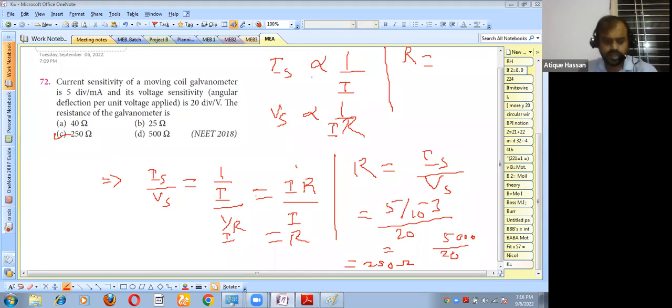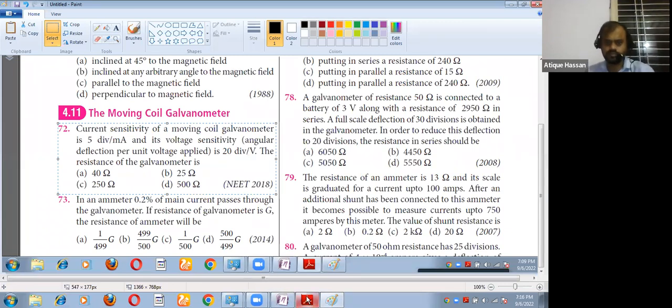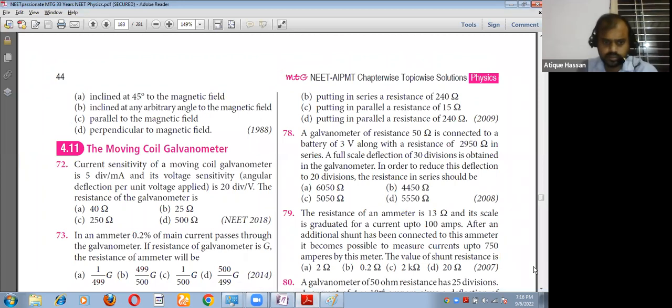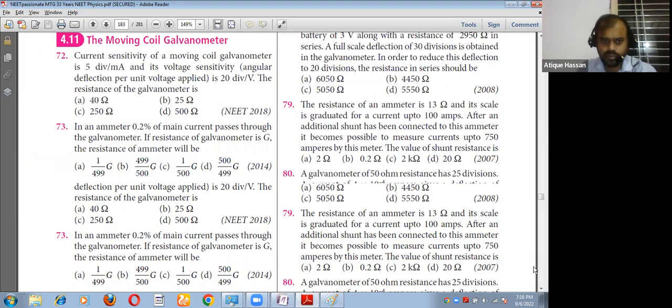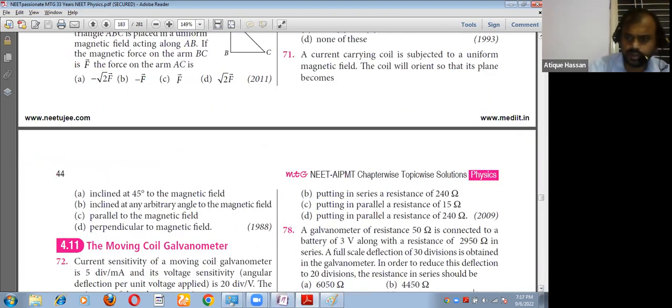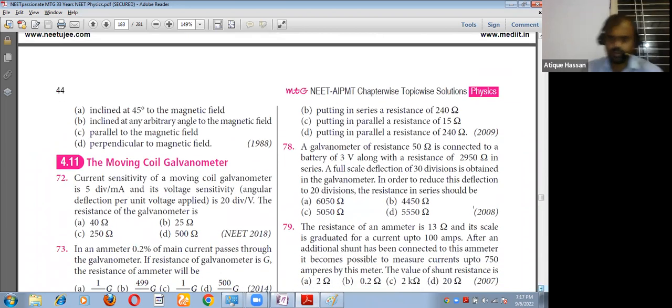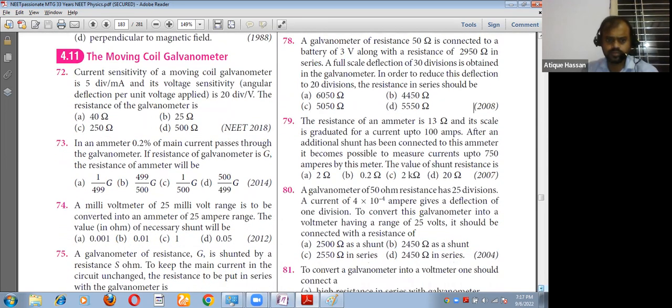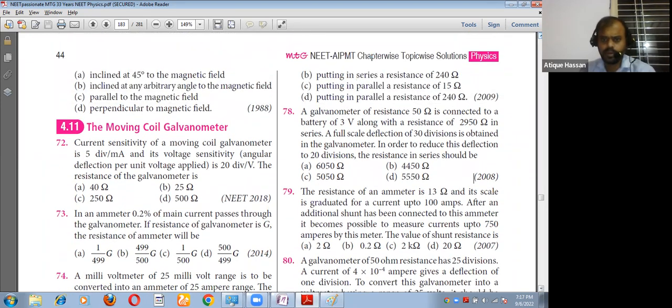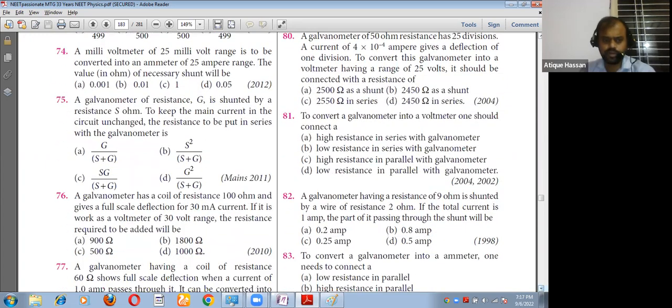All right. So this was a basic question based on the moving coil galvanometer.